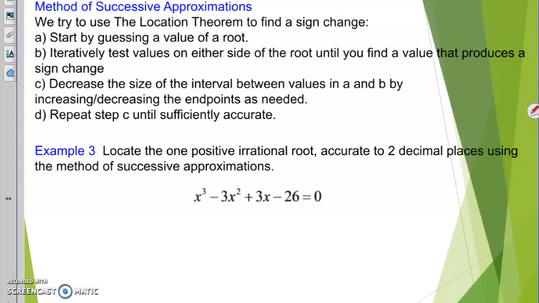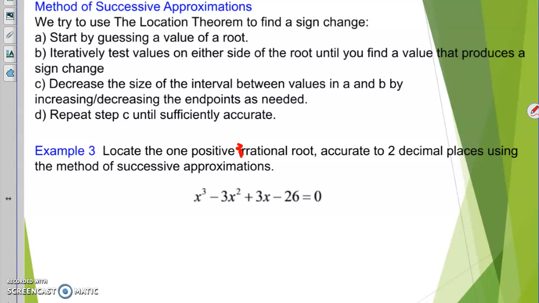And if I want to locate a positive irrational root, well, it's going to be a rational root, isn't it? I don't know, maybe it's irrational, I'm not sure. Let's find out.